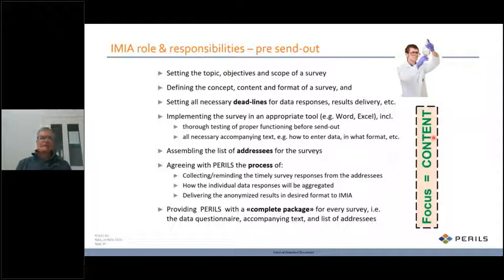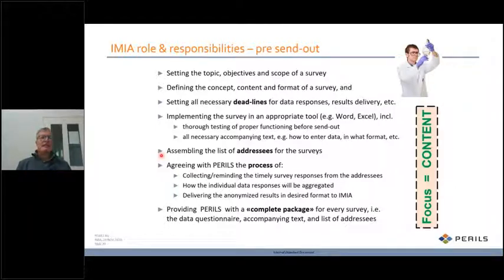Also, an important role is to establish a list of addressees who will be addressed for the survey. Certainly it will be a good part of the IMIA community, but perhaps also other interested parties.